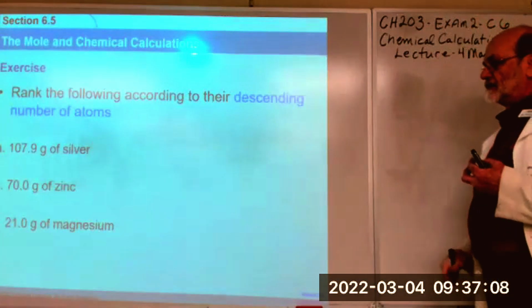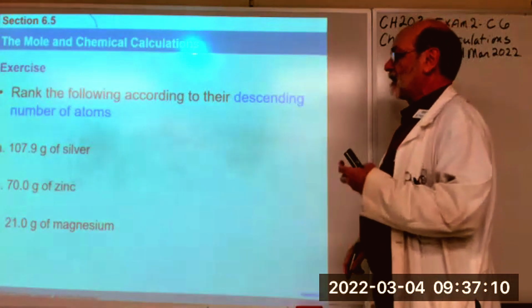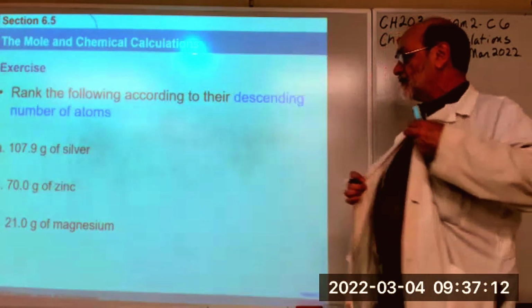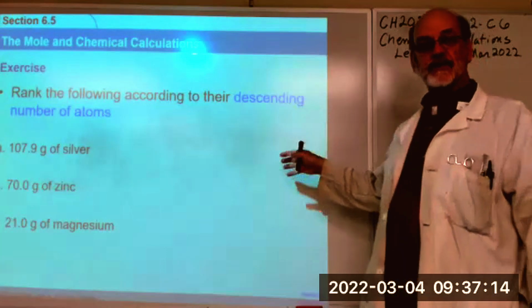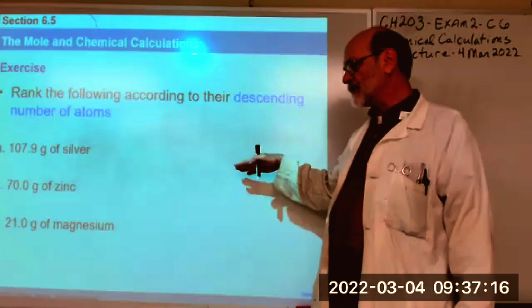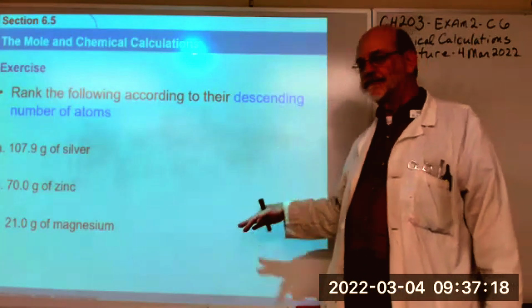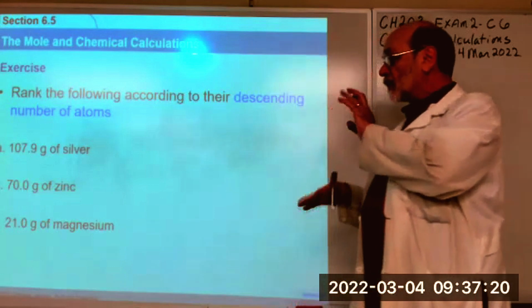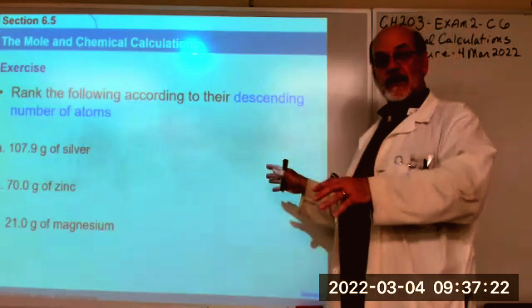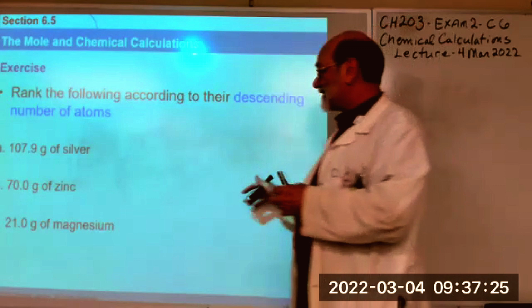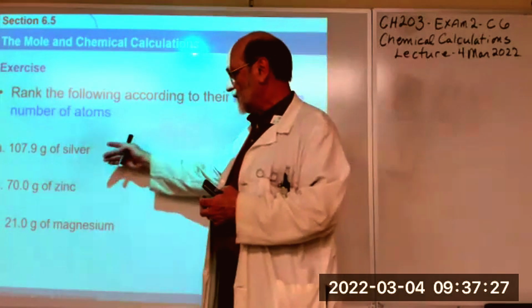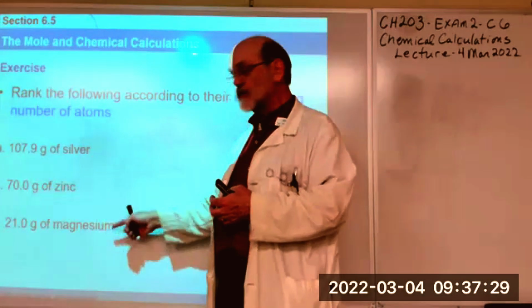Now, that was simple. Let's say we need to rank them in the order of descending number of atoms. So which one has the most, which one has the middle, and which one has the least. You can go in and do this calculation and say exactly how many atoms of each is represented by these values.